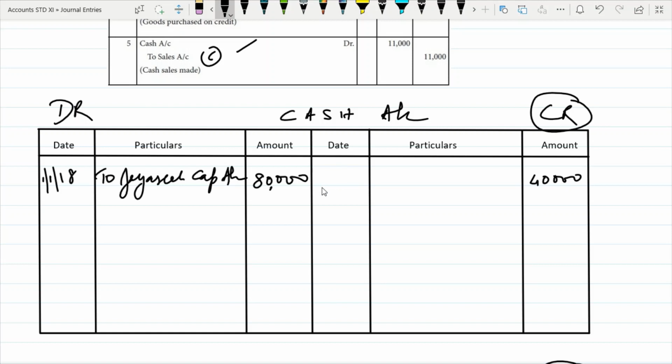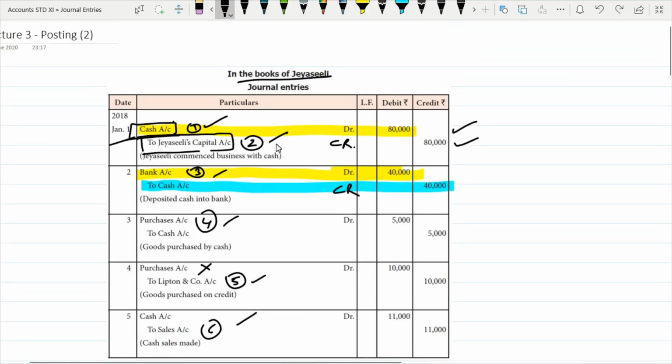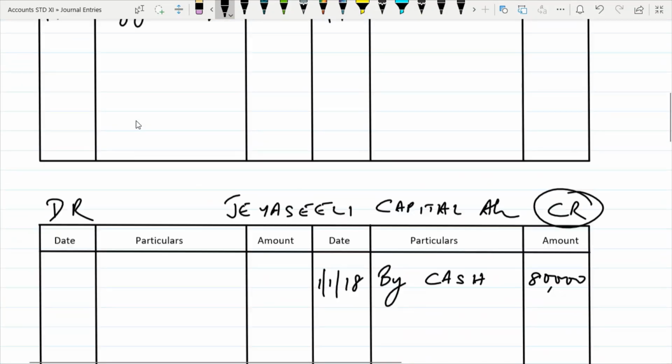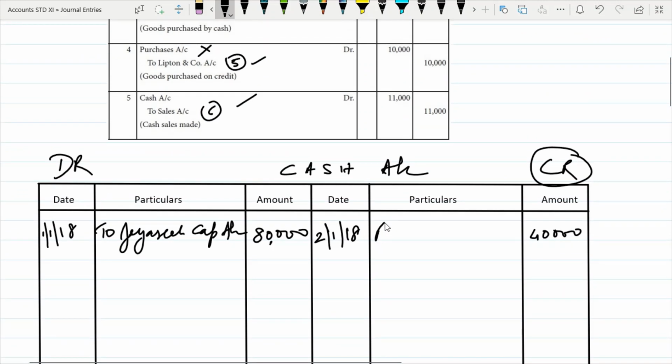The date is 2nd January 18. So now what do we write here? In this case, we write by bank. Okay. See, this is the one we are recording, right? So we will write the opposite one. So by bank.